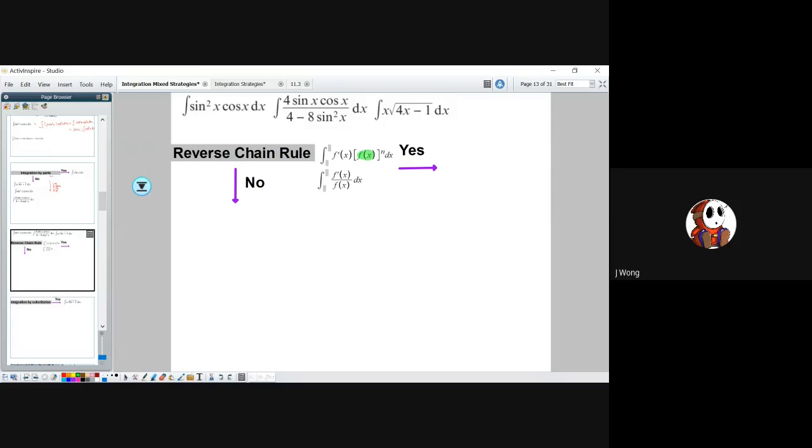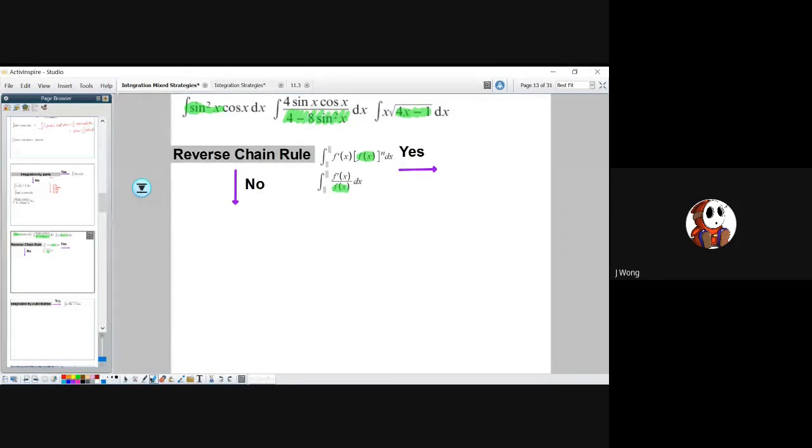So let me just highlight them. f of x will be sine x for this one, because there's a square on sine x. For the second one, it is a fraction for the entire integral, so f of x is 4 minus 8 sine squared x. For the third one, to fit into the reverse chain rule format, it is going to be 4x minus 1, because the square root changes into the power of a half.